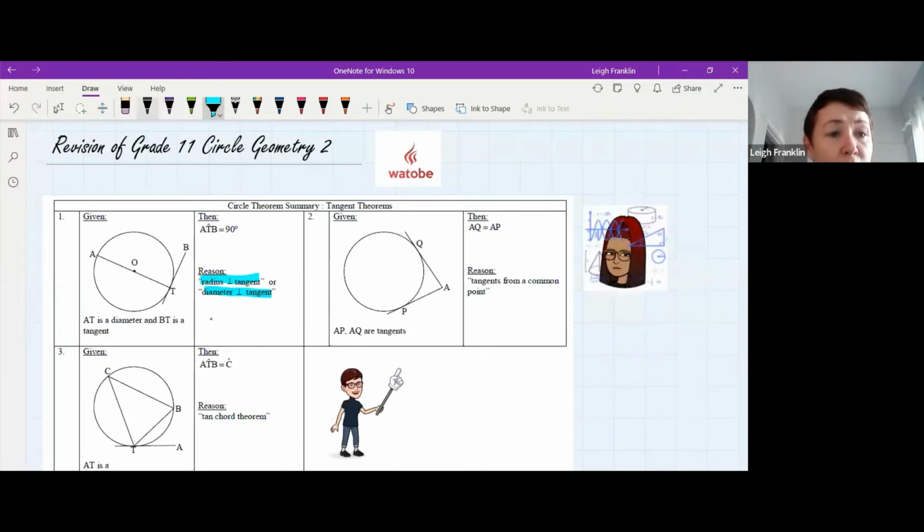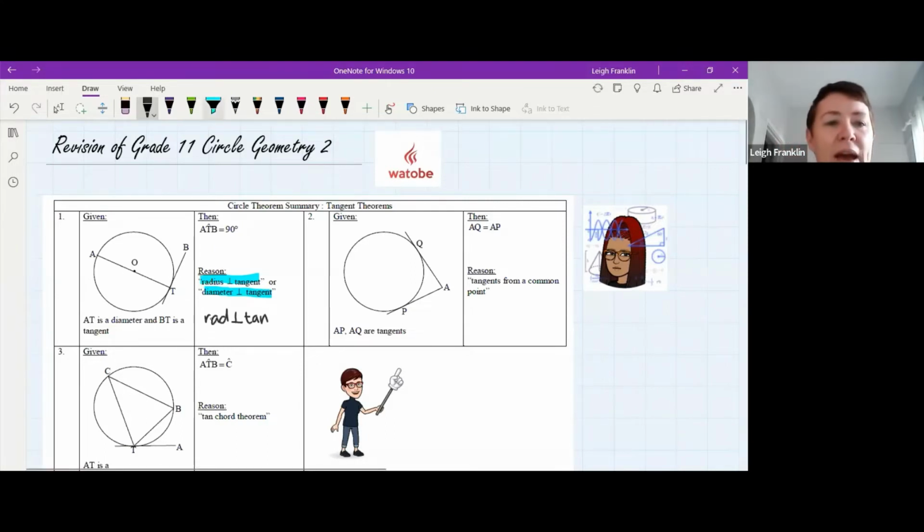You can abbreviate that, and you're more than welcome to write this as your reason. You have to be told though that O is the center of the circle and that it passes through there, and that BT is a tangent.